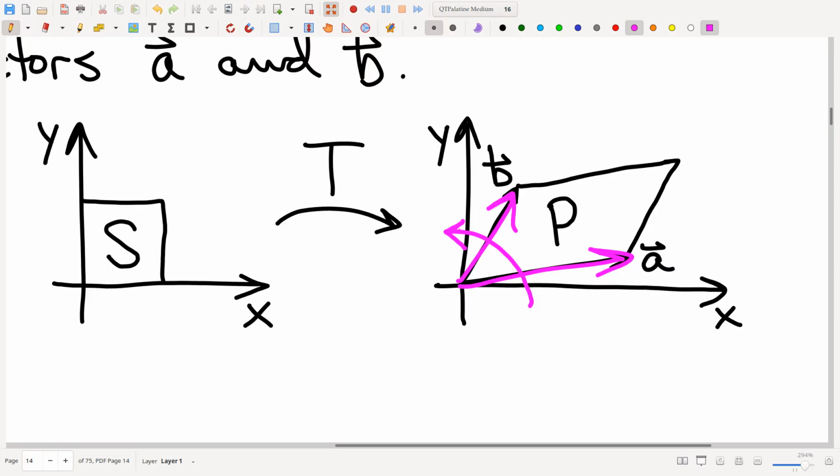I had to draw it one way or the other. So let's just play around with the possibility of what if it goes the other way. What if it were like this? What if that was A and that was B?